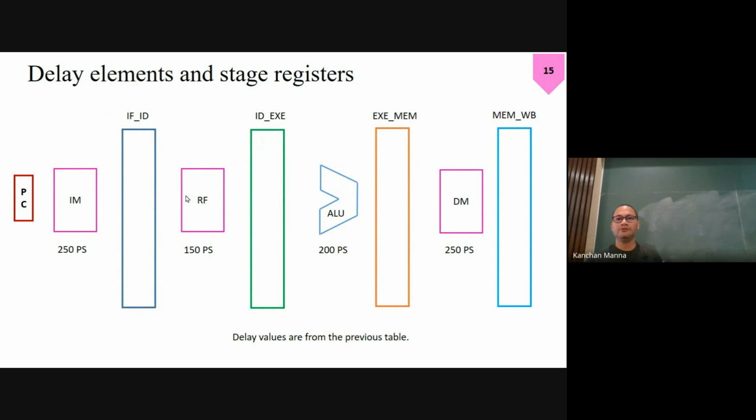Now we want to build the data path for the pipeline processor. Here also we have 5 stages. In each stage that we have discussed, we'll distribute the components in such a way that each stage takes almost equal amount of time. From the table you can see the time consuming units: memory takes 250 picoseconds, register file read takes 150 picoseconds, ALU takes 200 picoseconds, and data memory takes 200 picoseconds.